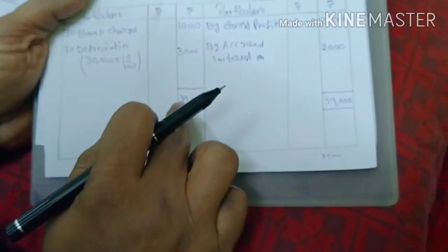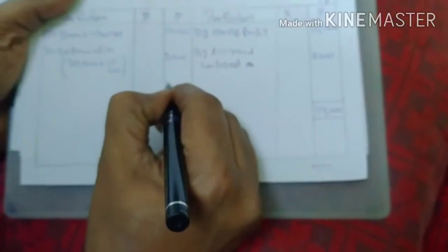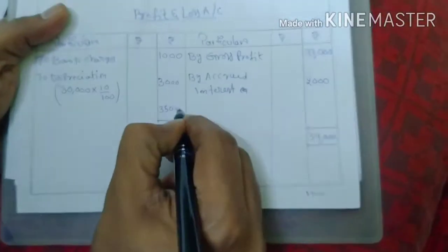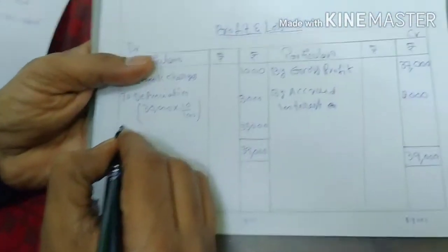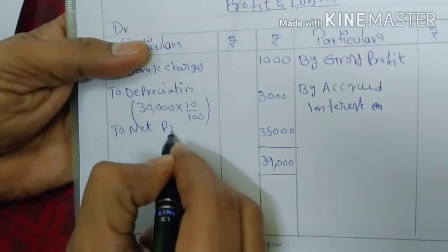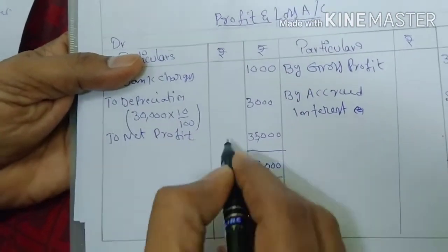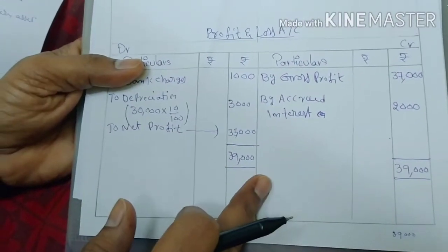So 39,000 minus this 4,000, that is 35,000 rupees. This is the net profit. So this is the net profit carried to the balance sheet.